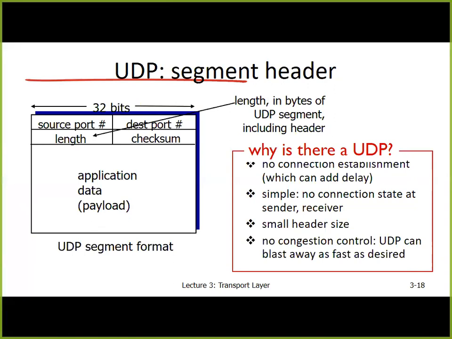You can work that out. If that length field tells you the length in bytes of the UDP segment, including the header, and the length field is 16 bits long, what's the maximum length of the UDP segment, including the header? 2 to the 16 minus 1, right?